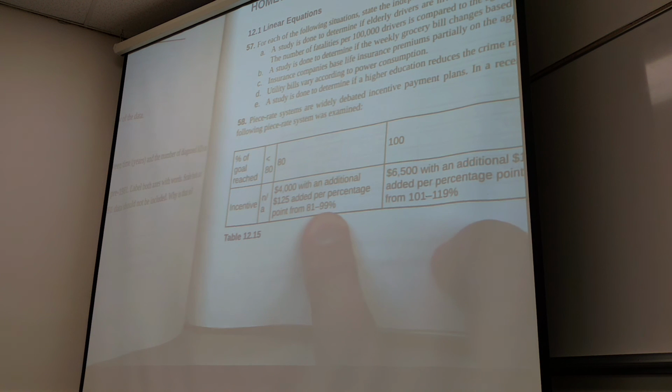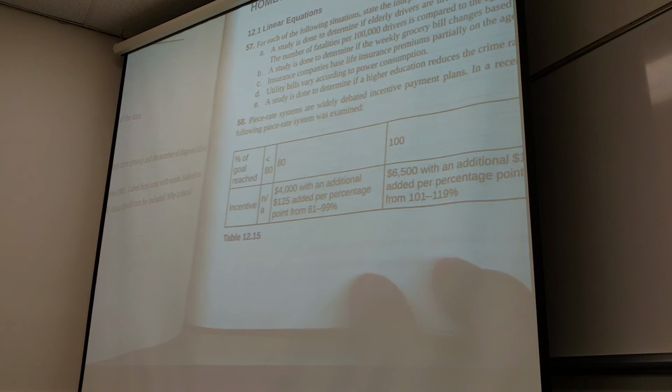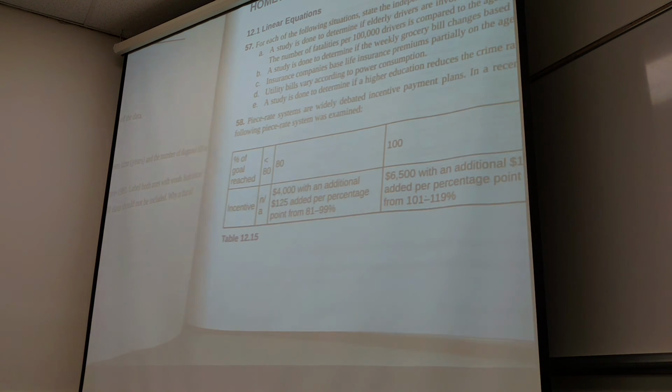So your mission is to figure out what A and B are. Right? Ax plus B. So what part of this is not going to change no matter what? 4,000. You're getting 4,000, even if you're right at 80.